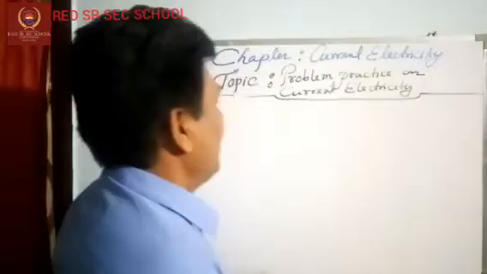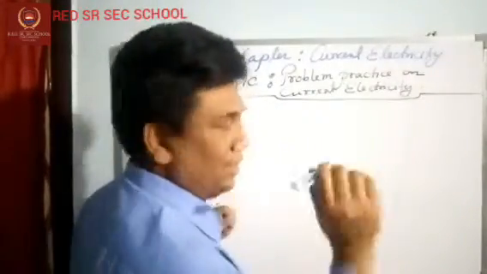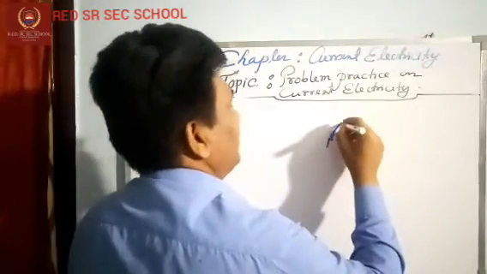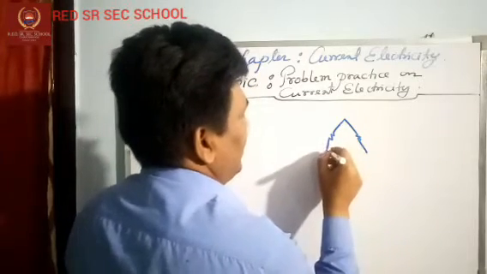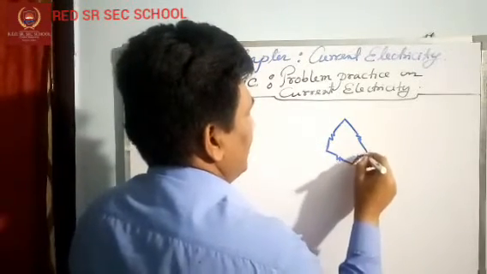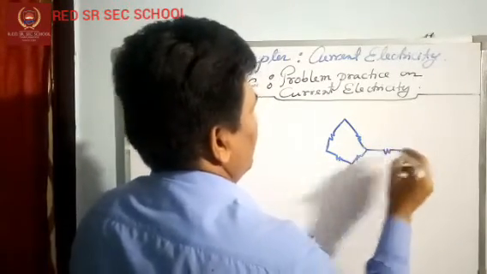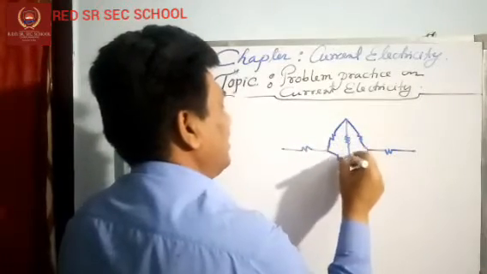Let me draw one circuit. You also simultaneously draw with me. This is one resistance, this is another resistance, and another, and another. Then this is one resistance, this is one resistance, here also another resistance is there.